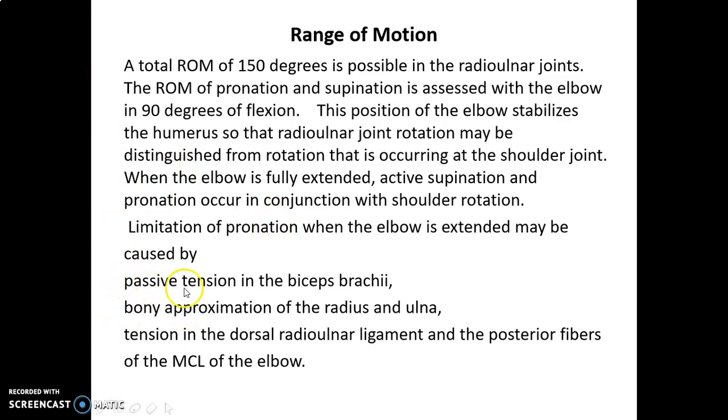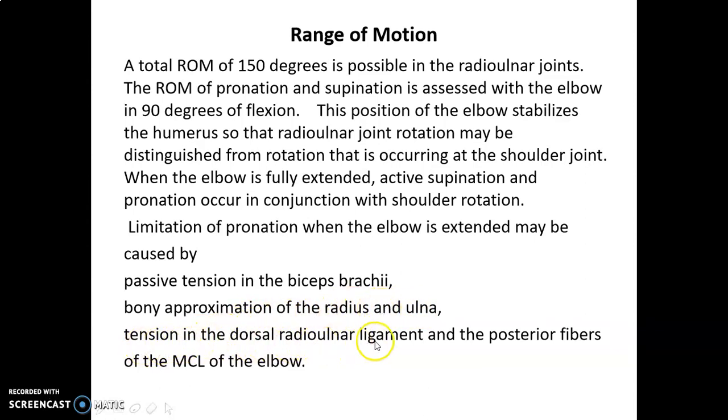The reasons are, first, passive tension in the biceps brachii. Next, bony approximation of the radius and ulna to the humerus: the radius and ulna compress together and approximate to the elbow joint, that is, to the humerus.